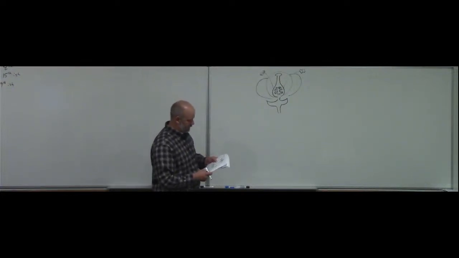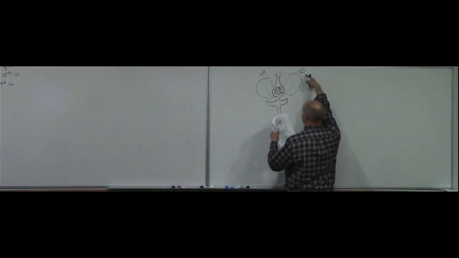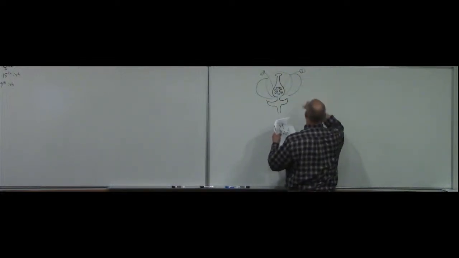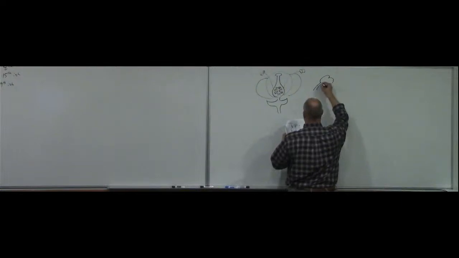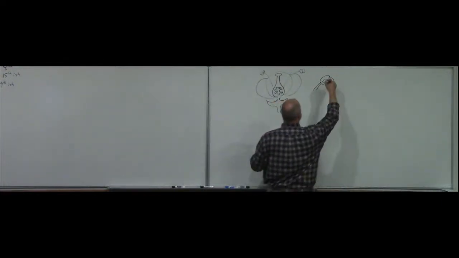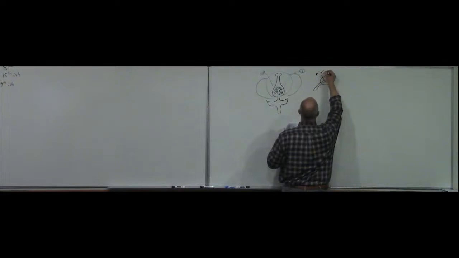Alright. Well, just a little more detail on some of this. If we're focusing on our anther here, then inside you've got this. This is all part of the sporophyte. This area right here is called our microsporangium.